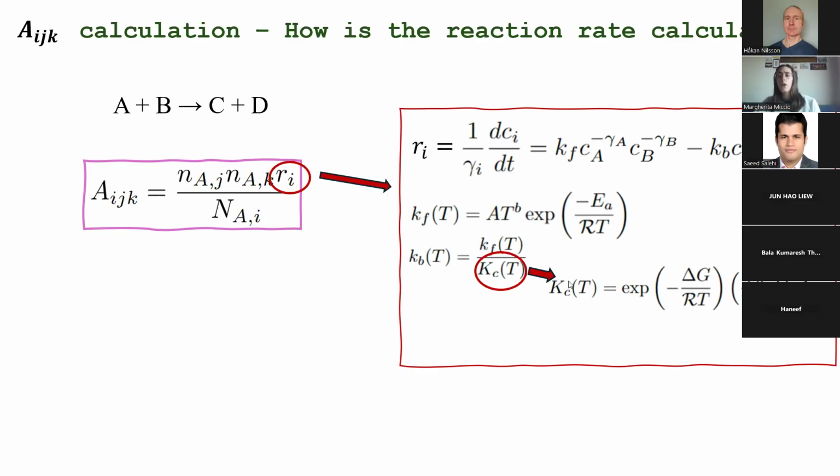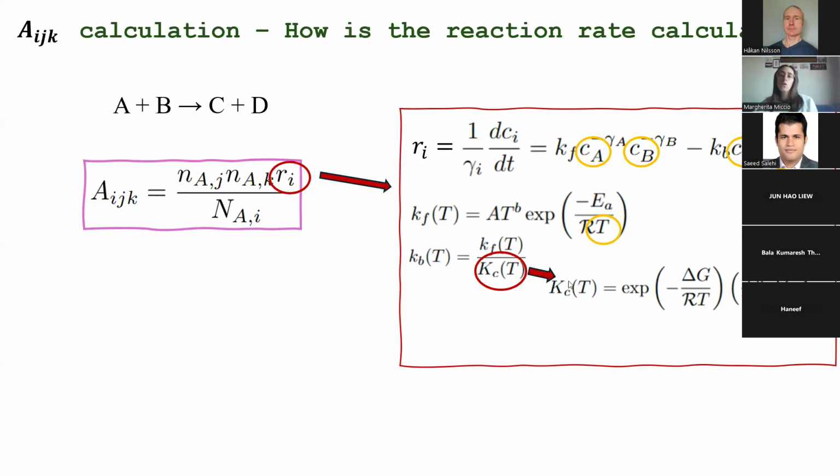And now here we see that we need some information from the simulation. So we need the concentration of the species A, of the species B, of the species C, of the species D. So of each species involved in the reaction, we need to know exactly the concentration inside each of the cell.